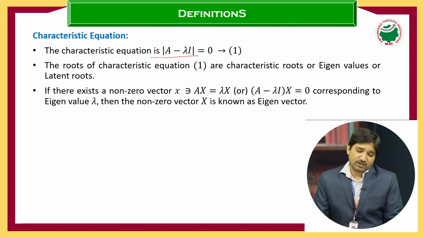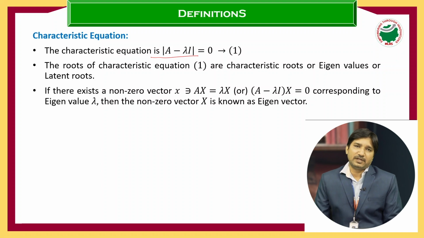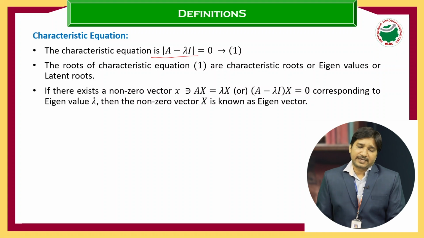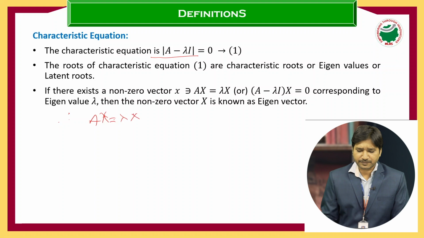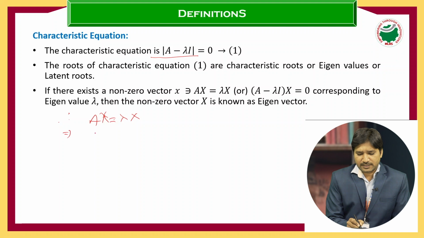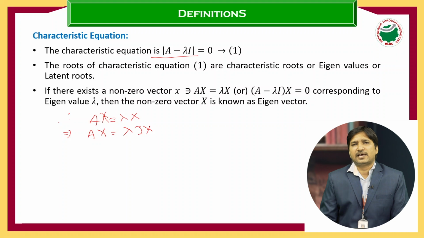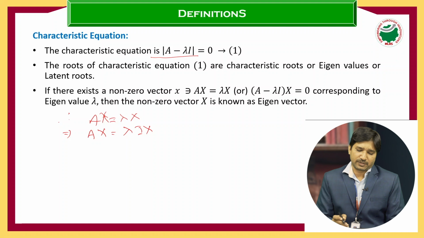If there exists a non-zero vector X such that AX equals lambda X, corresponding to the eigenvalue lambda, then the non-zero vector X is known as the eigenvector. So you can write AX equals lambda X. This is the definition of the eigenvalues. Here we can say AX equals lambda I X, where I is the identity matrix. Multiplying by the identity matrix makes no change.